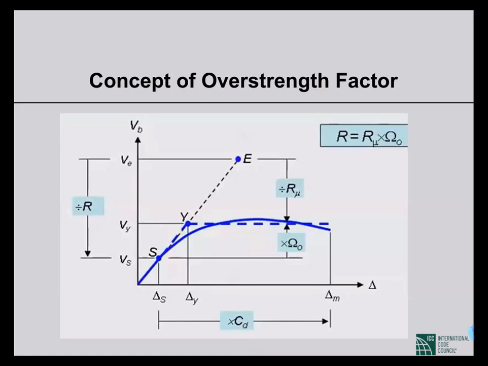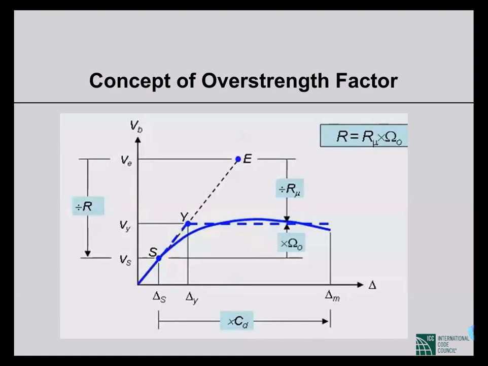Now I'll introduce another concept, but I think you are familiar with this, the overstrength factor. Now, the R values, I think you already know how we come up with these R values. The R values actually have two parts. One is R mu, that is the ductility factor, and another is omega naught, which is the overstrength factor. Why?